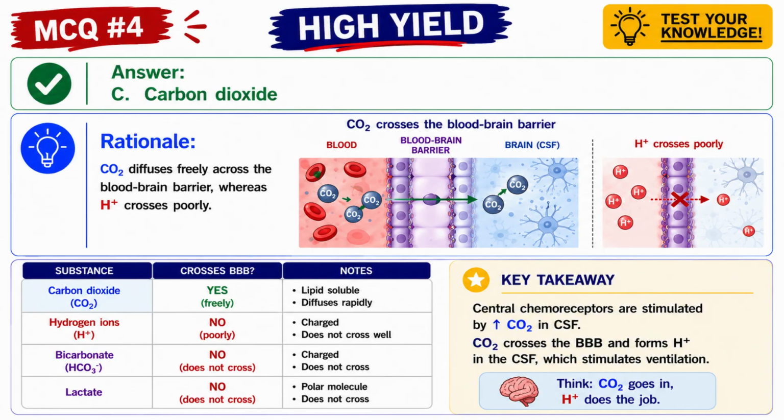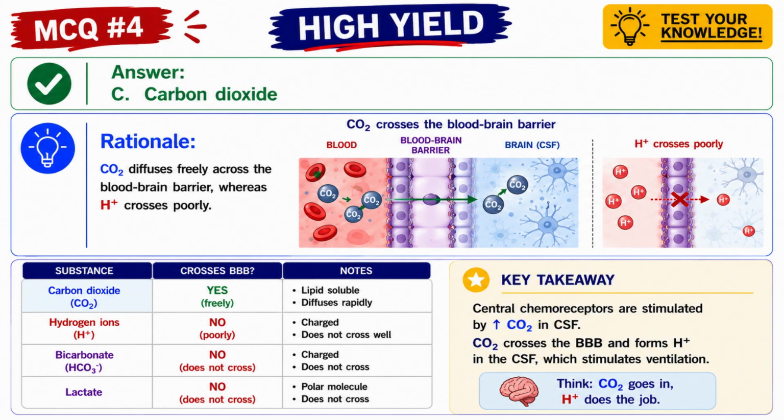The peripheral chemoreceptors, carotid and aortic bodies, are exposed to arterial blood directly, and they do respond to arterial H+ and pH. So in metabolic acidosis, the respiratory compensation, hyperventilation, is driven primarily by peripheral chemoreceptors responding to the low arterial pH, not by central chemoreceptors.